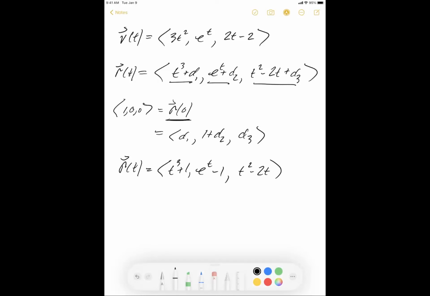And then when you have the last step of when you solve for r of t, I'm saying you get t cubed plus 1 because d1 equals 1. Oh, so then 1 plus d2 is 0. 1 plus d2 equals 0, so that tells me that d2 equals negative 1. Oh, okay, right. That makes sense.